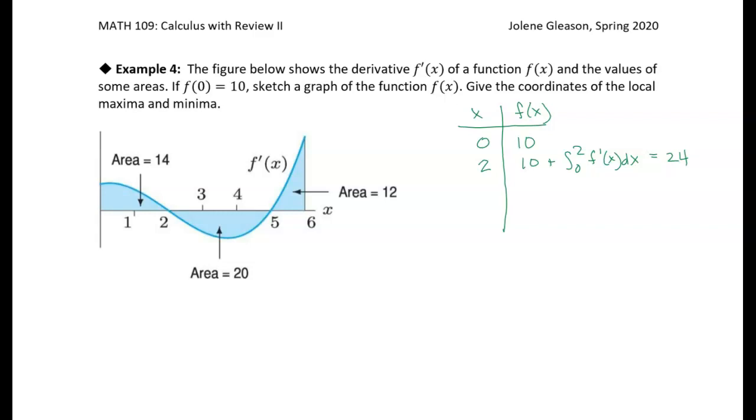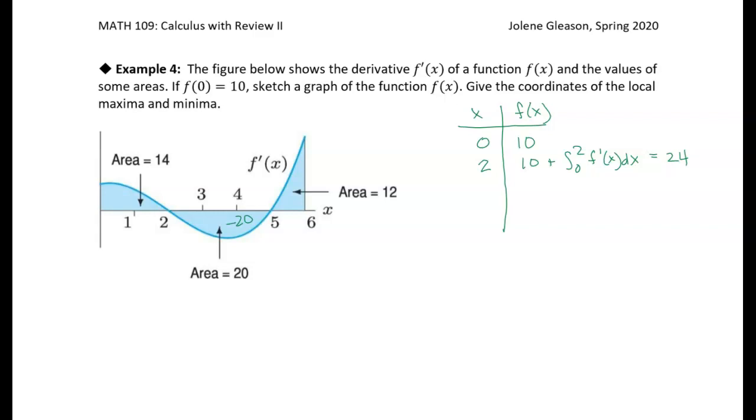Okay, so the next area we're given is 20, but it's below the graph. So we're really going to treat this as minus 20, because the integral is going to be negative.